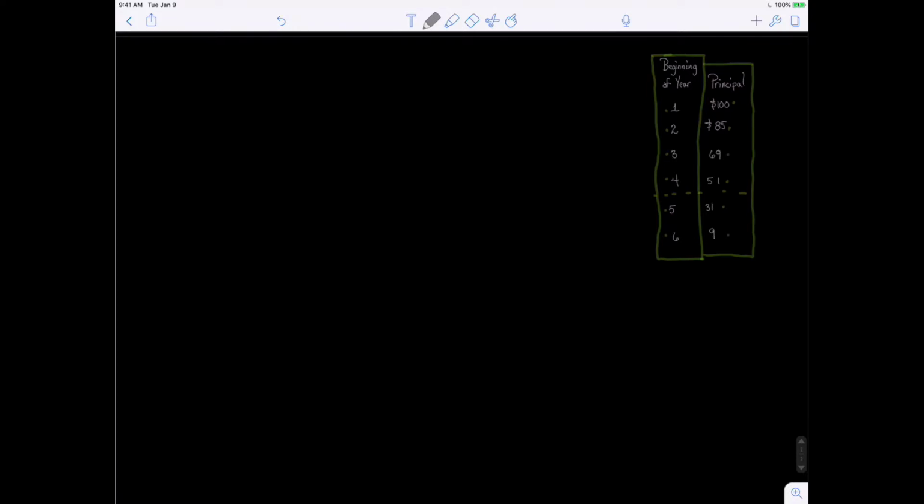Now, here's what we're going to do, and you can do it in different ways. The first thing we're going to do is when we make our plot, I'm going to write this over here. We're going to plot, that's the word for the day.